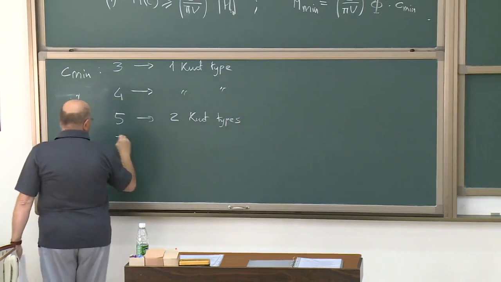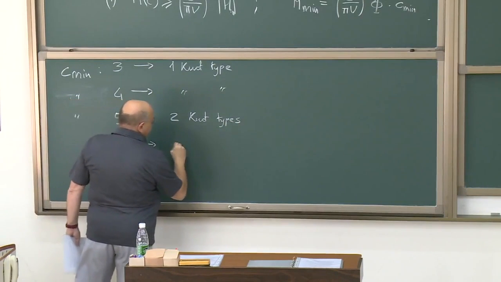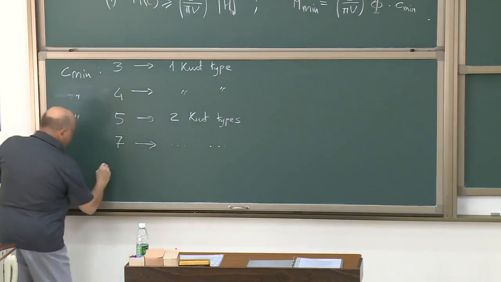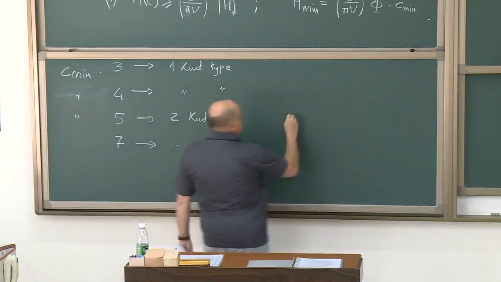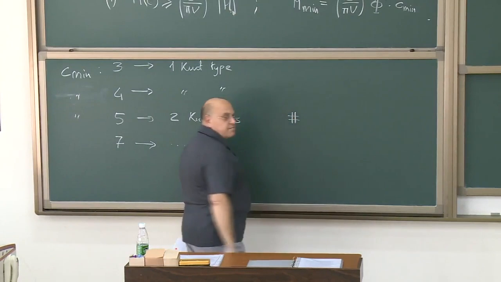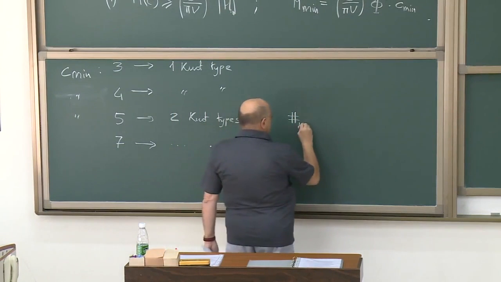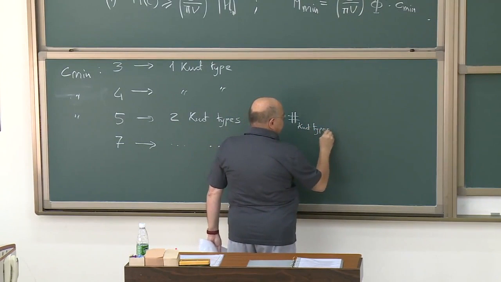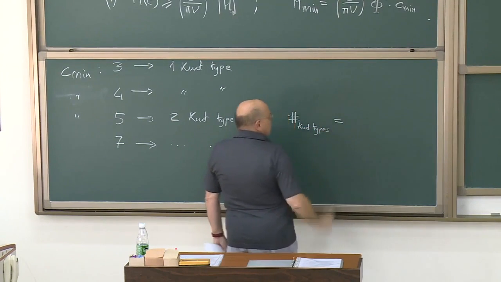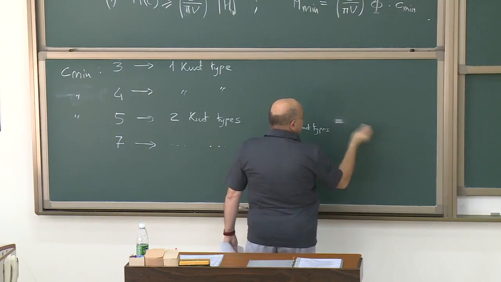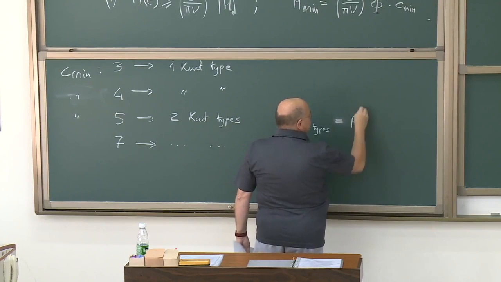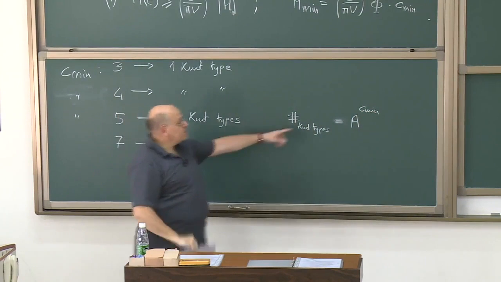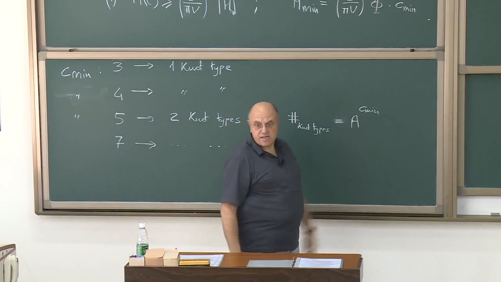And for 7, many more knot types. And as C min grows, the number of topologically different knot types goes with a constant a to C min. It increases with C min very rapidly.